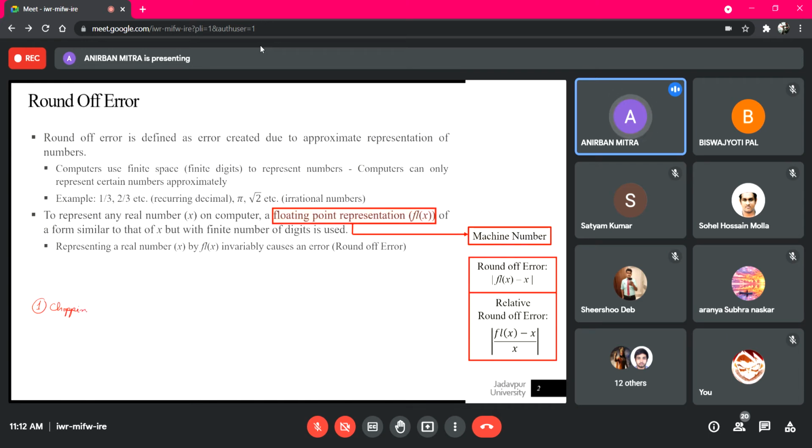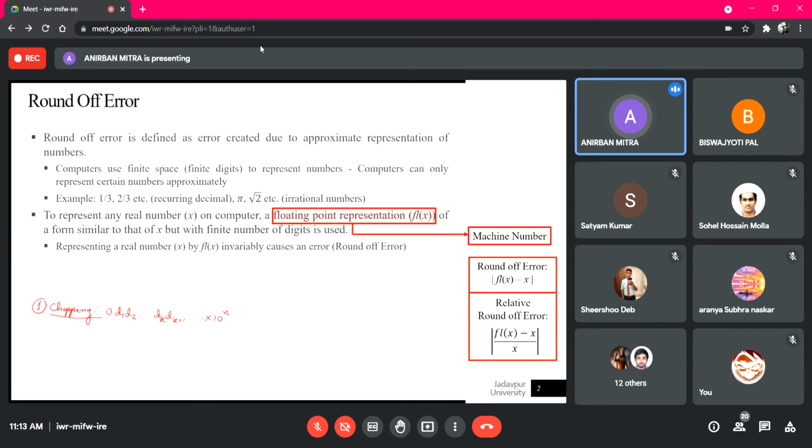Simply chop off the numbers after a certain digit. We drop the numbers, let's say, after k number of digits. That is known as chopping. Let's explain this with the help of an arbitrary number, let's say 0.d1 d2, and we continue up to dk, dk+1, and it goes on, multiplied by, say, 10 to the power.